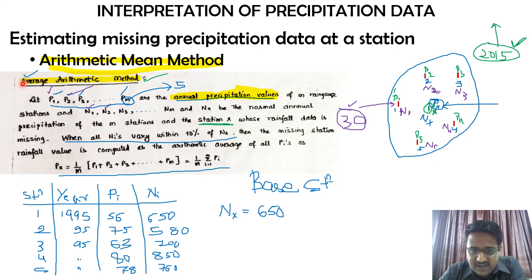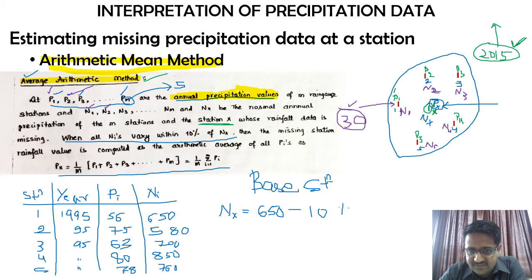I'll repeat myself: when you use the arithmetic average, all these ni's must vary within 10% of this nx.